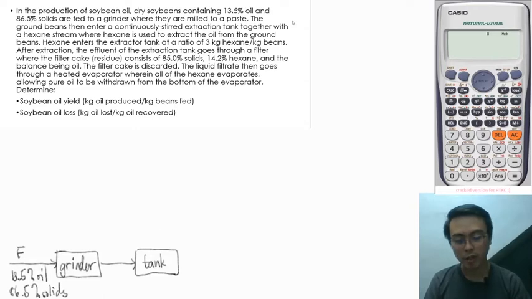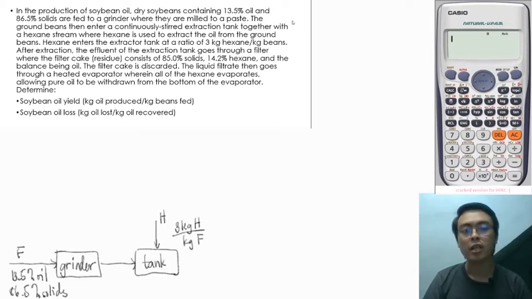Hexane enters the extractor tank at a ratio of 3 kg hexane per kilogram of beans. So that's 3 kilograms hexane per kilogram of beans, which is the feed. The purpose of hexane here is to extract the oil from the soybeans.